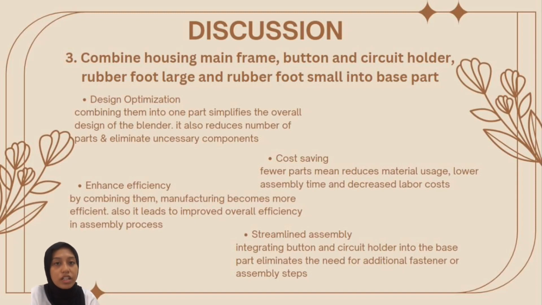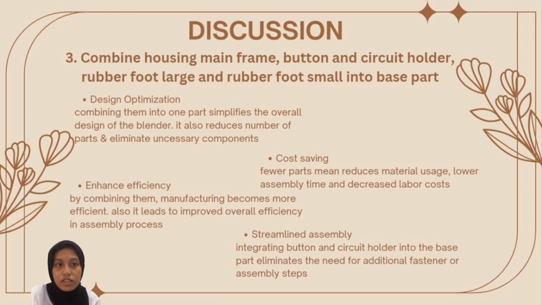Okay, the second one is cost saving. Fewer parts mean reduced material usage, lower assembly time and decreased labor costs. The third one is enhanced efficiency. By combining them, manufacturing becomes more efficient.